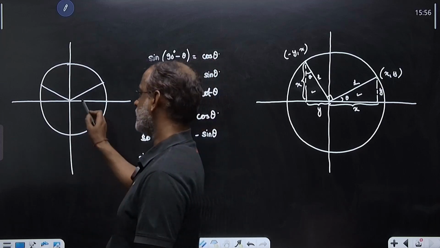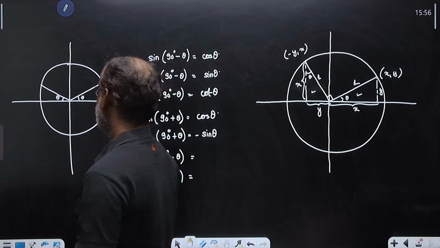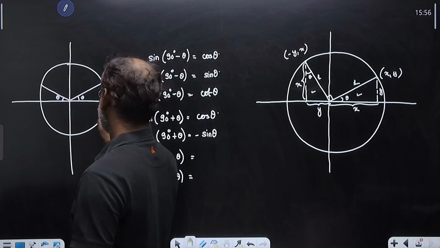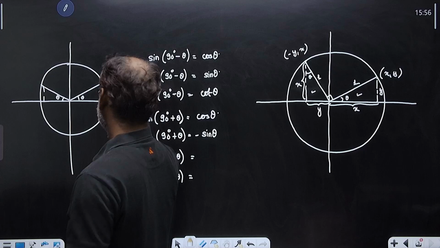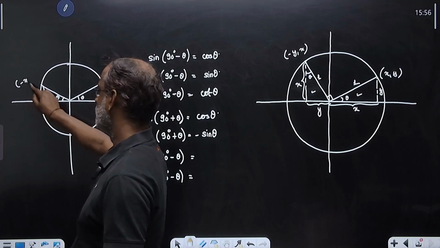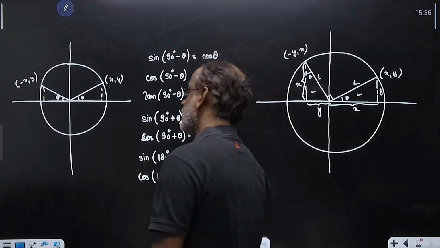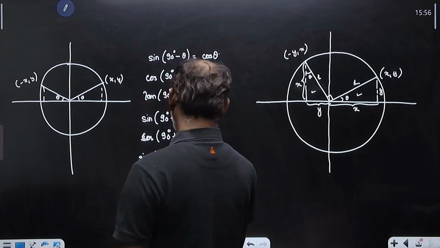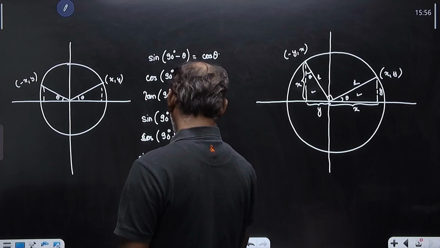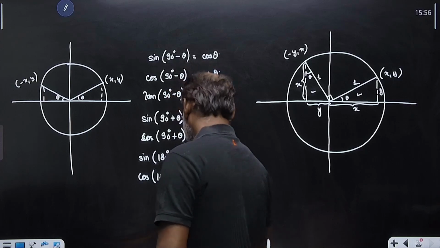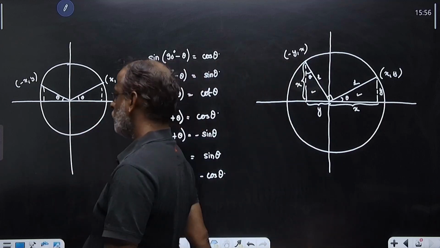Okay, this is theta, this too is theta, and these two triangles therefore are congruent. So if this is x comma y, this is minus x comma y. So sin 180 degree minus theta would be sin theta, cos 180 degree minus theta would be minus cos theta. Just by congruency we look at it.